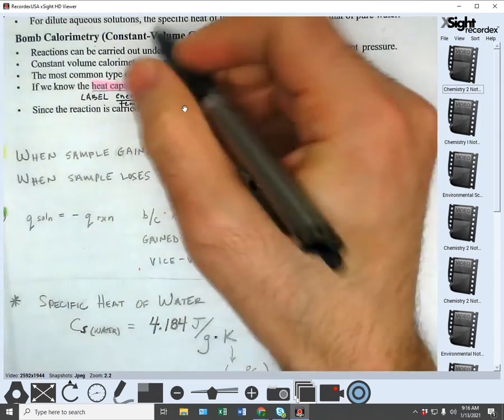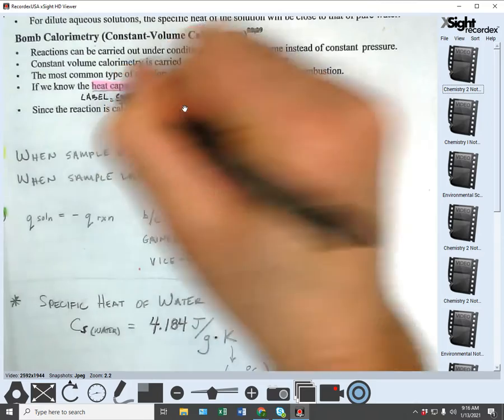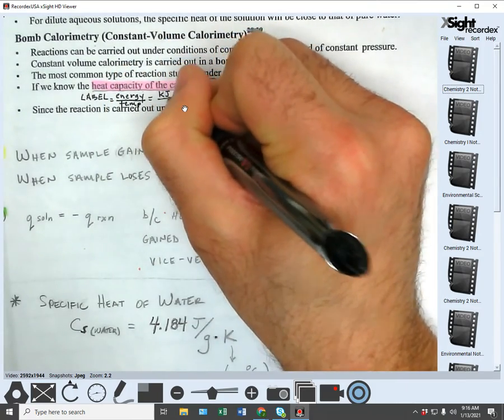So for example, this isn't the only one it could be, but like kilojoules over degrees Celsius.